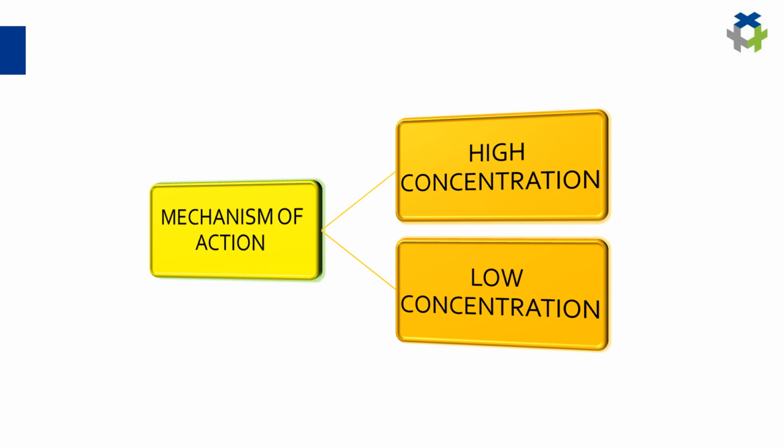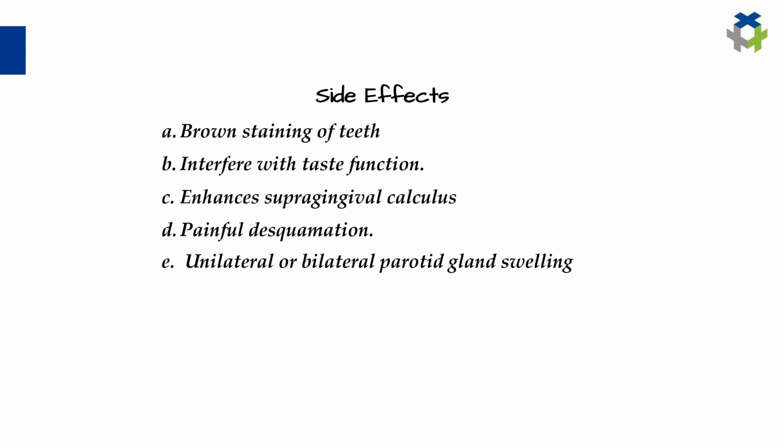Regarding the mechanism of action, at higher concentration there is a bactericidal action, and at low concentration there is a bacteriostatic effect. These are the other side effects associated with chlorhexidine.